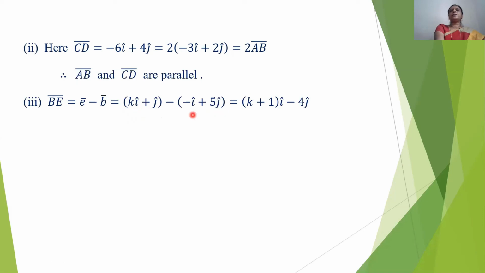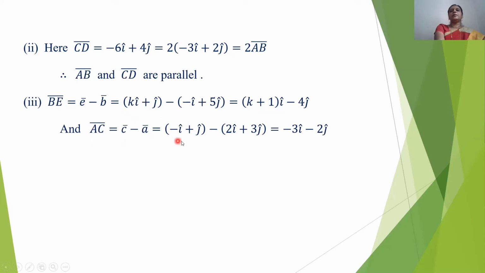Now open the bracket, simplify, take the terms of i together and take i common from that, and we will get (k plus 1) times i minus 4j. Then AC bar will be C bar minus A bar. Keep the value of C bar, A bar, open the bracket, and we will get, after simplification, AC bar is equal to minus 3i minus 2j.